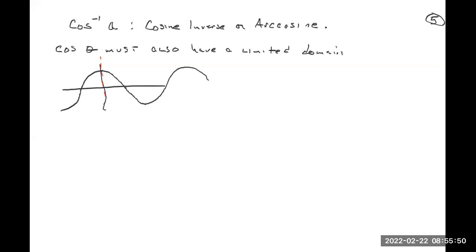Now, if I'm starting at the y-axis at 0, I've got all of the possible positive answers falling from 1 down to 0. Well, 0 is not positive, but you know what I mean. And then we have all of the possible negative answers, and we begin to repeat. So at pi, we stop.